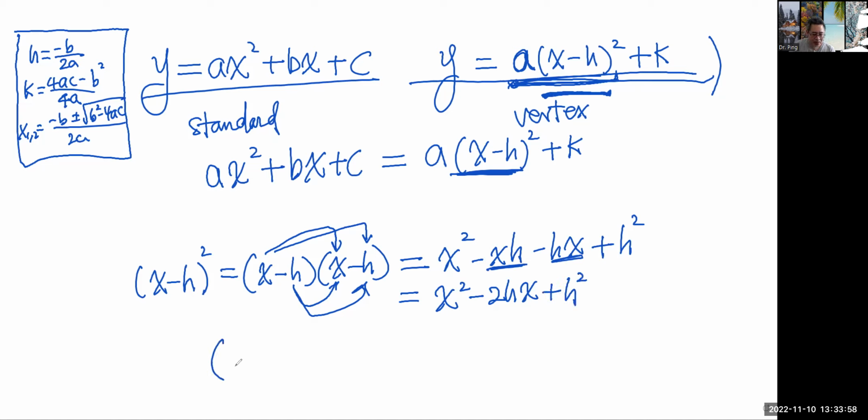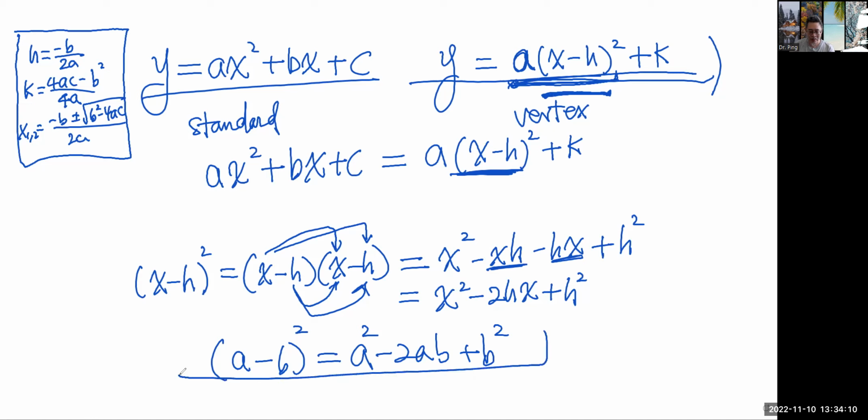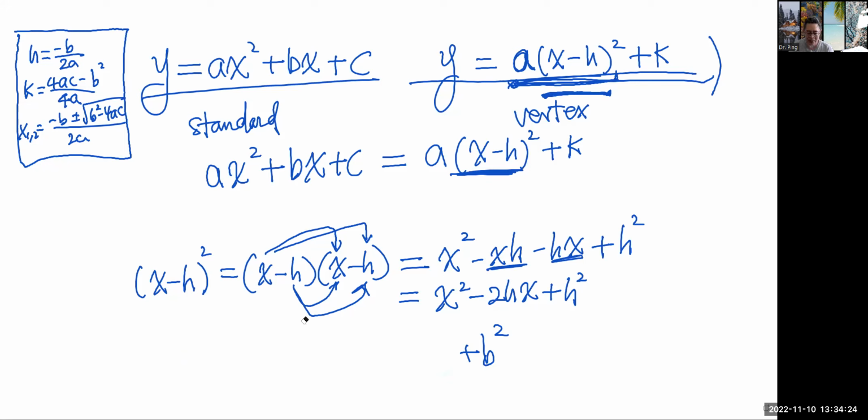Now, this actually comes from the identity (a minus b) squared equals a squared minus 2ab plus b squared. When I was learning algebra, we were required to memorize things like that. But if you don't, you can always work it out. It definitely helps if you memorize this, it makes things a lot faster, and it's not that hard to memorize.